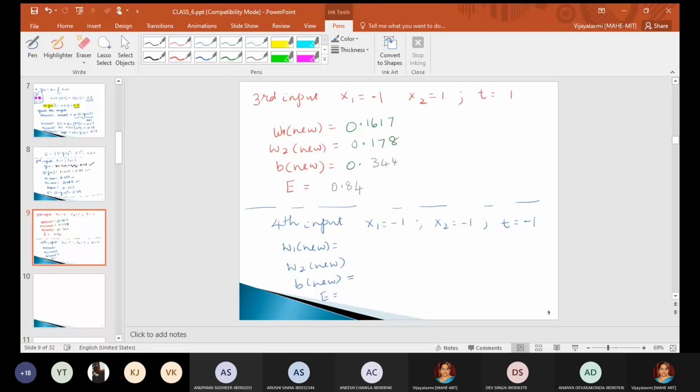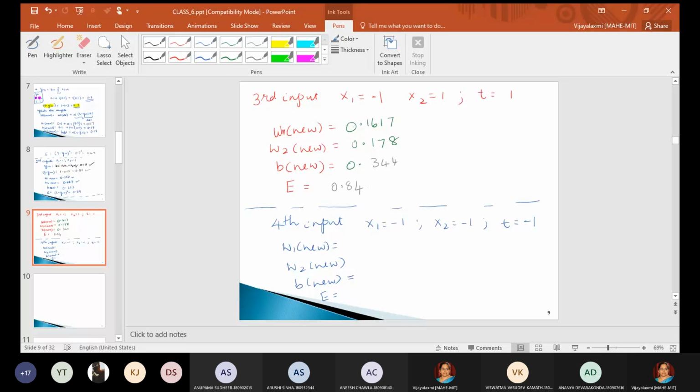I think you're not able to see the screen, right? Is it visible? Yes, ma'am, it's visible. Okay. So for the fourth input, visible. I don't know if it hanged or something. Yeah, that is what I thought.